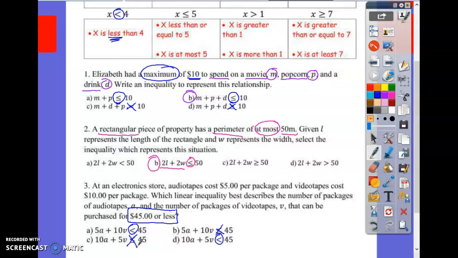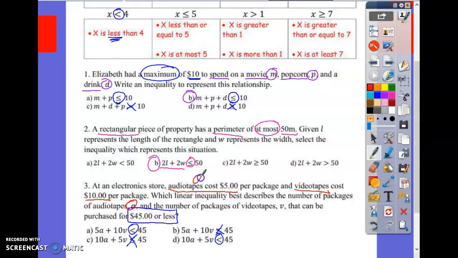So now let's read. It says that in an electronics store, audio tapes cost $5 per package and videotape costs $10 per package. Which inequality best describes the number of packages of audio tapes A?